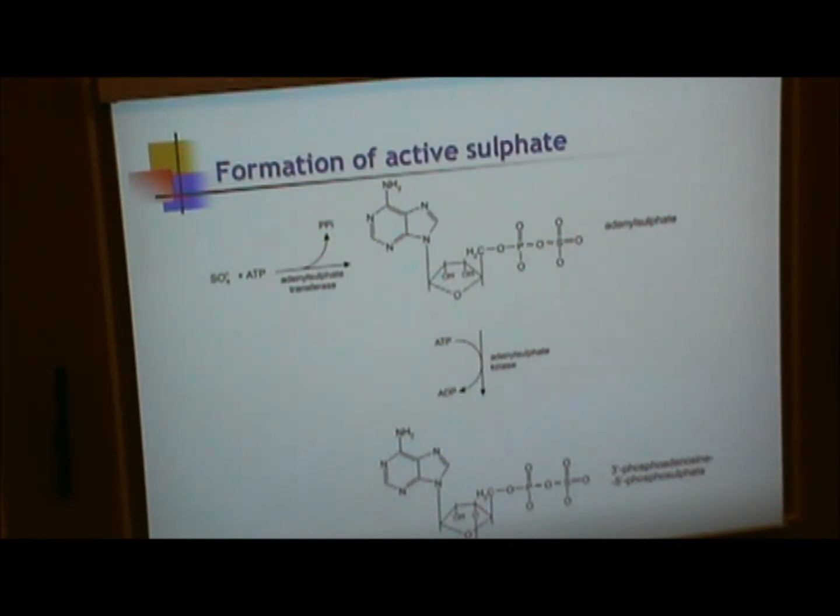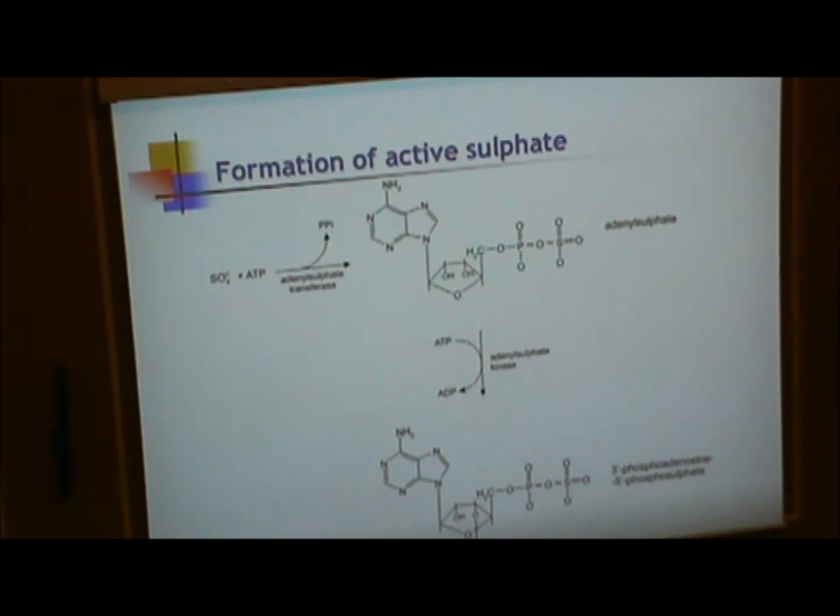What happens next? In the next step, the adenyl sulfate is submitted to the action of adenyl sulfate kinase. Under the action of this enzyme, ATP becomes a donor of phosphate.